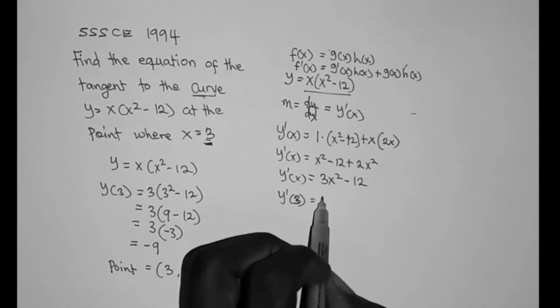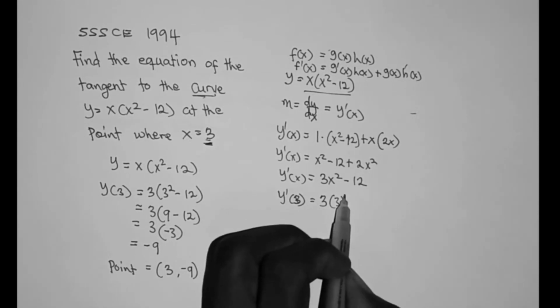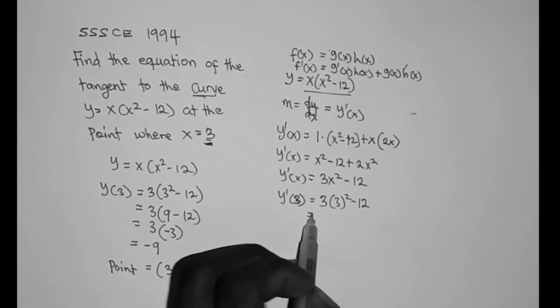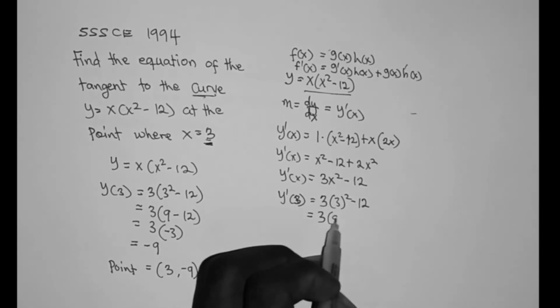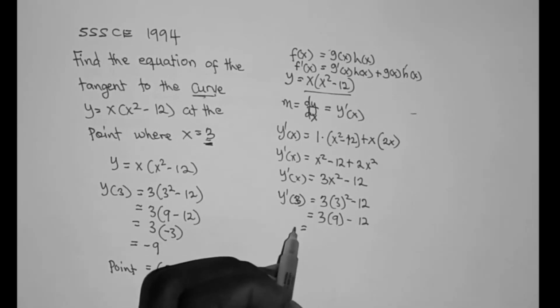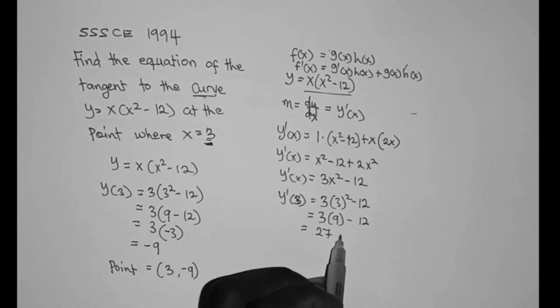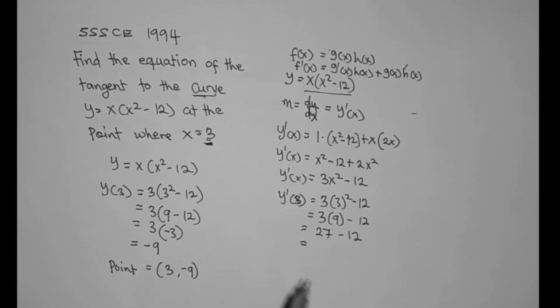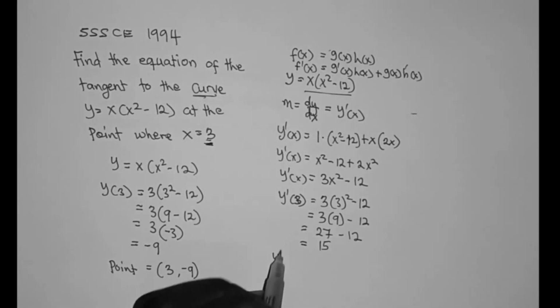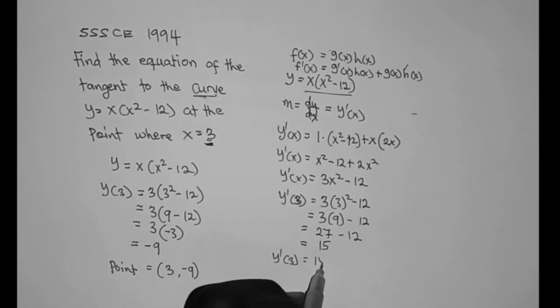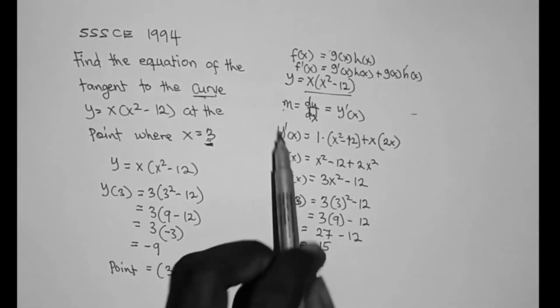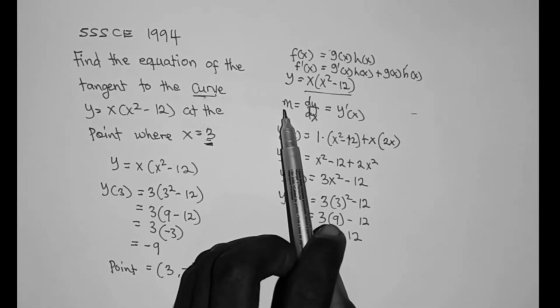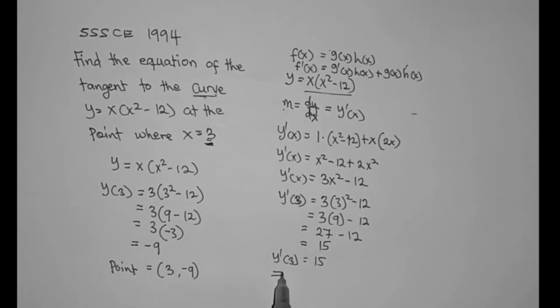So this is equal to 3 times 3 squared minus 12, which is 3 times 9 minus 12, which is 27 minus 12. The answer is 15. So y prime of 3 is equal to 15. But remember that y prime is m, and m is the gradient. So this implies that the gradient m is equal to 15.